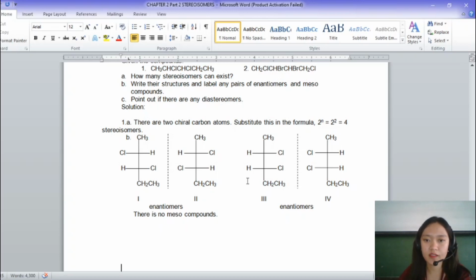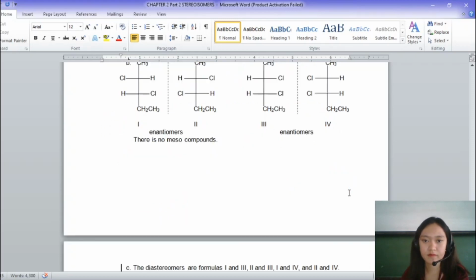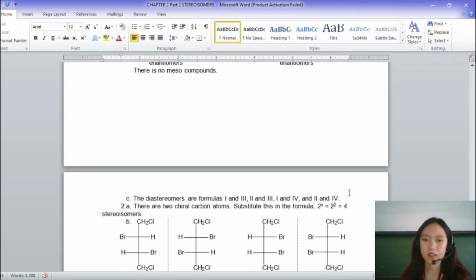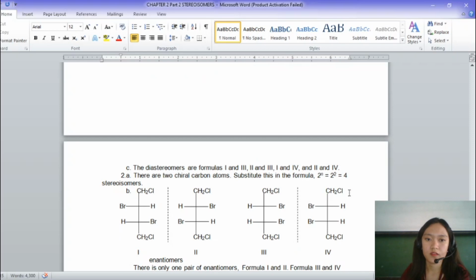So, dito meron tayong 2 pairs of enantiomers, meaning merong 4 na pair ng diastereomers. So, ano yun? 1 and 3, 1 and 4, 2 and 3, and 2 and 4. Okay? So, the diastereomers, yun na, nabigay na.